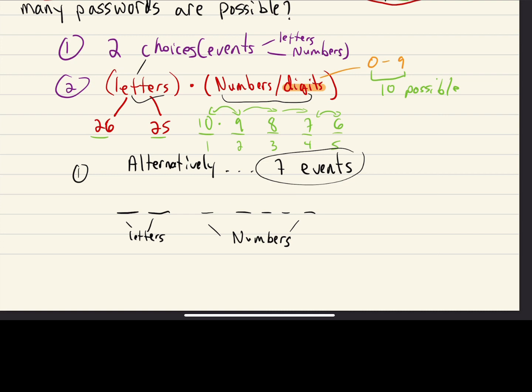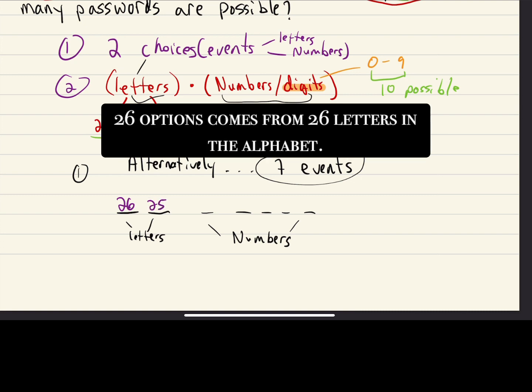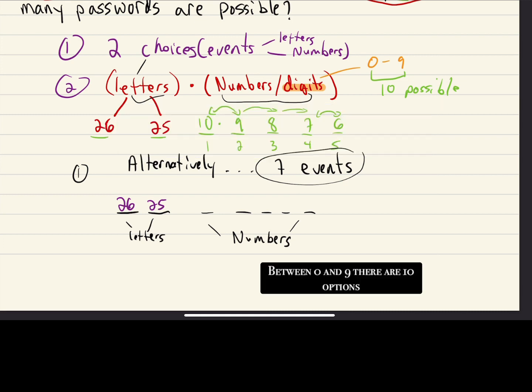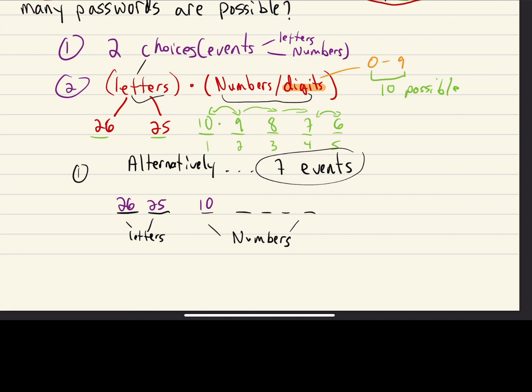But the same logic flows, where from the first choice or the first event, we had 26 options, which left us only with, since none can be repeated, 25 options left for the second event. The third event, which had to be a number, well, we had 10 numbers to choose from since we can choose digits from 0 to 9.